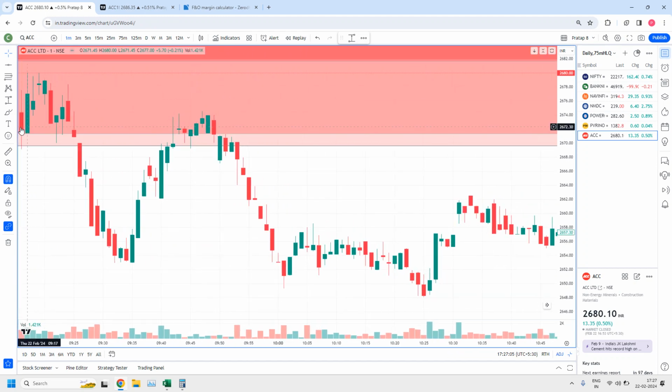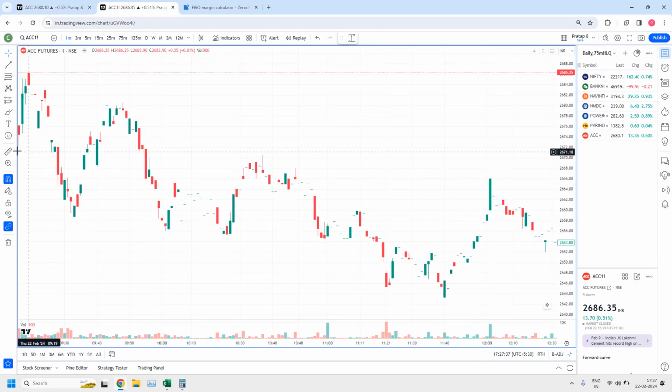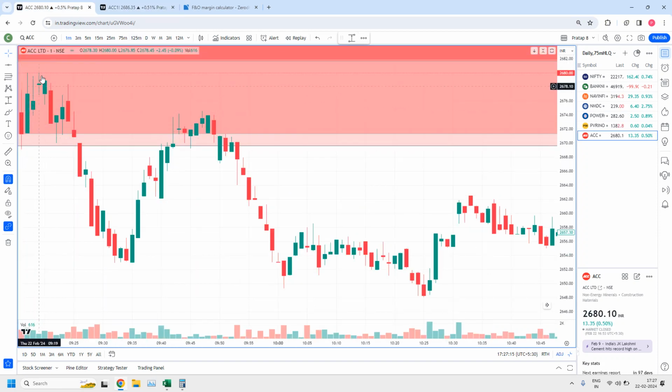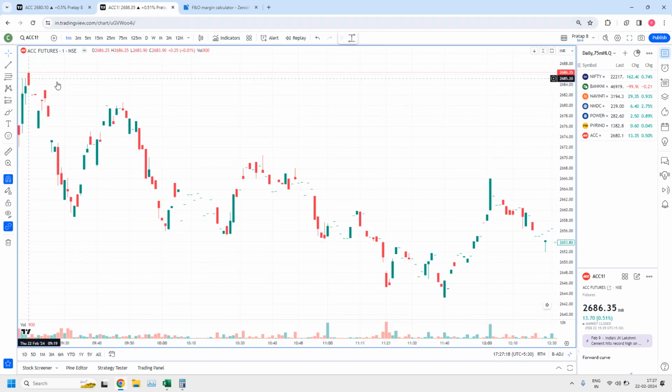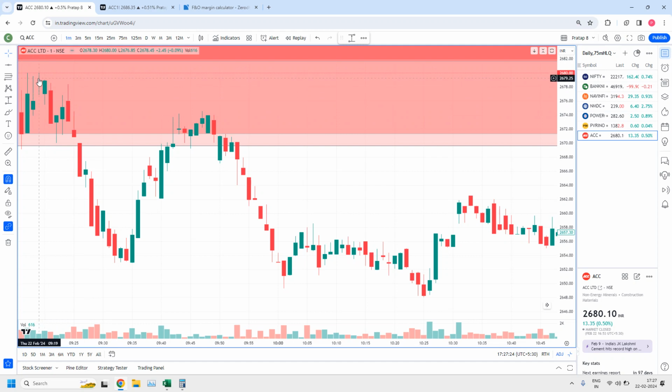Now you will get clarity. This is morning 9:16. See here, now compare both the charts. Equity prices went up, futures prices also went up. Now after the 9:19 candle, prices started coming down, in equity also.